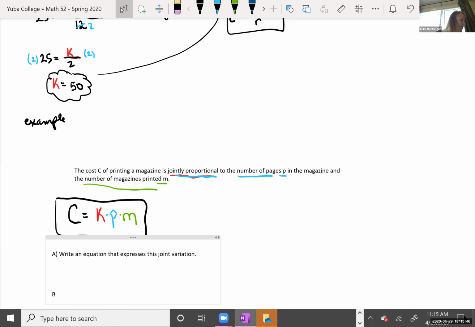Part B, find the constant of proportionality if the printing cost is $60,000 for 4,000 copies of a 120-page magazine.